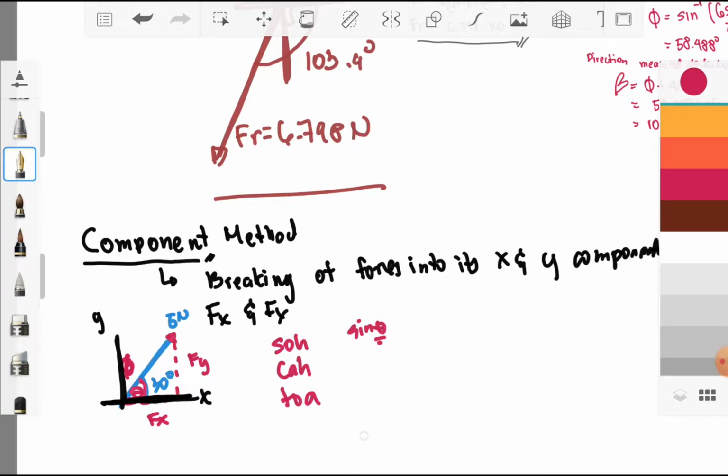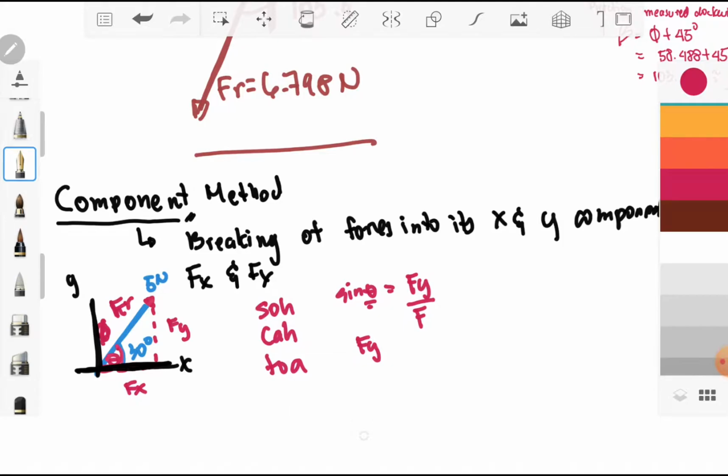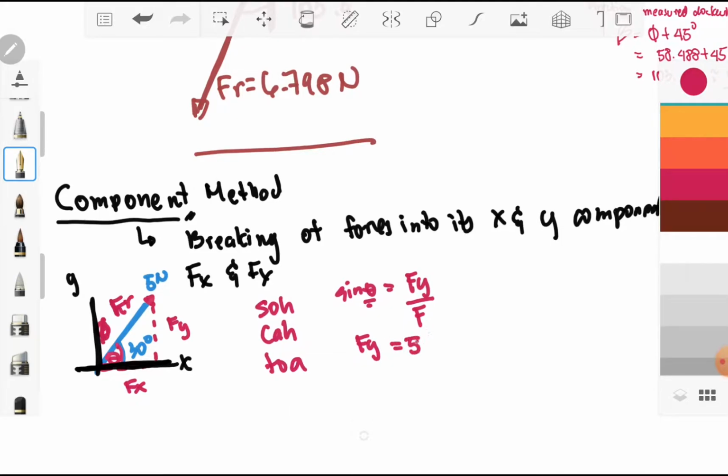Take note that sine theta is equal to the opposite, fy, all over the hypotenuse, the resultant force f. So therefore, my fy, or the y component of my 5 Newton, is equal to f sine theta, considering that my f is equal to 5 Newton and my theta is equal to 30 degrees.